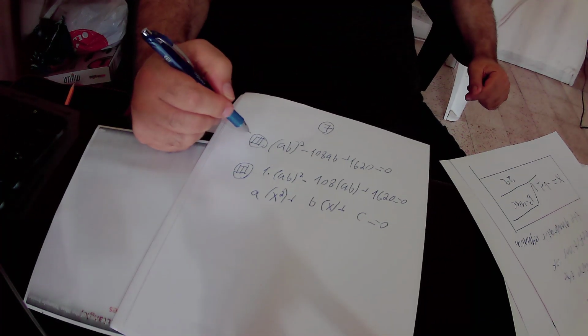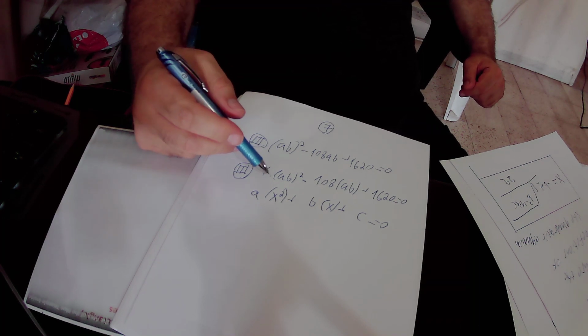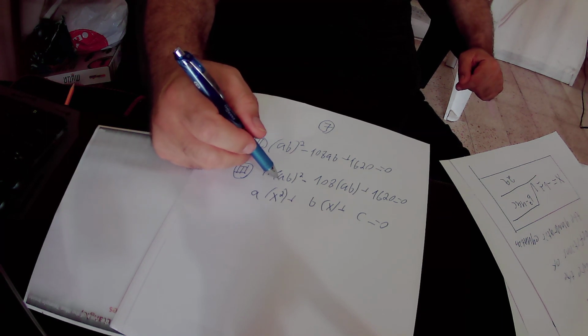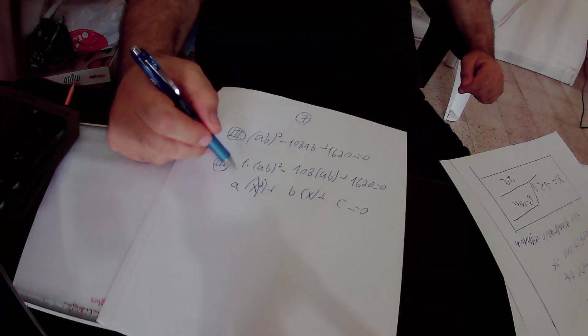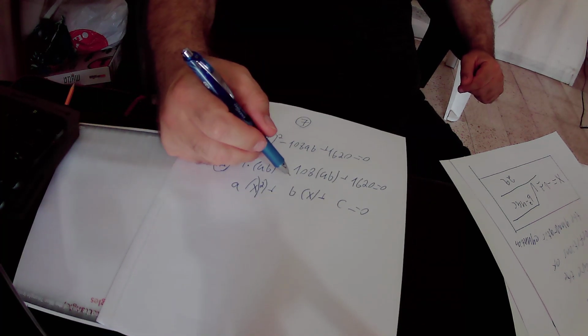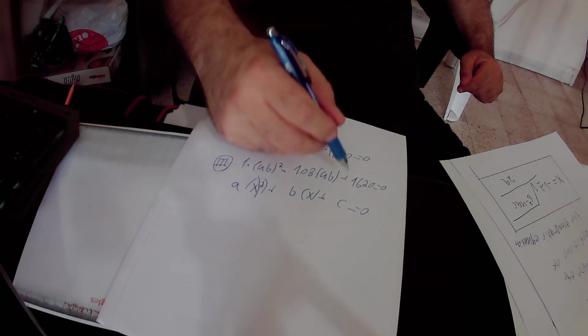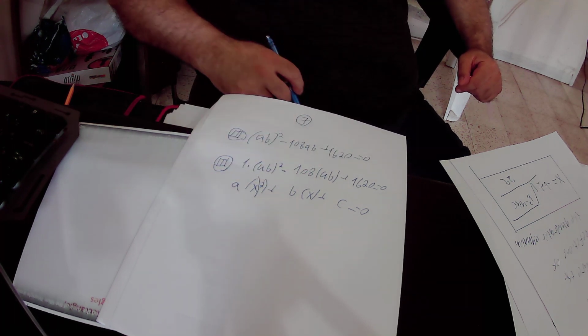So as you can see here, actually the variable x is AB, x equals to AB, A equals to 1, B equals to minus 108, and C equals to 1620.